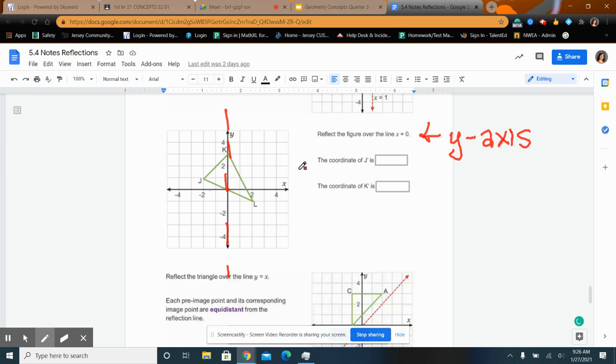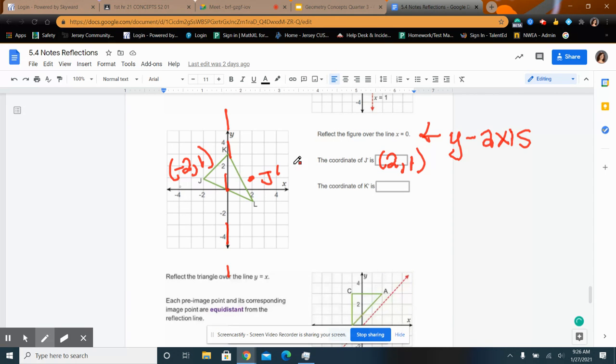Where will J prime be? Here is J. Where will J prime be? 2, 1. Beautiful. 2, 1. And it should make sense to you because look, this one was at negative 2, 1.